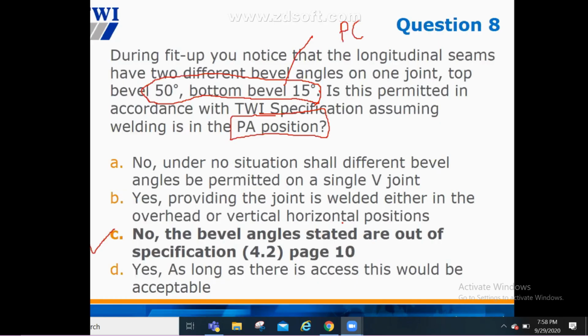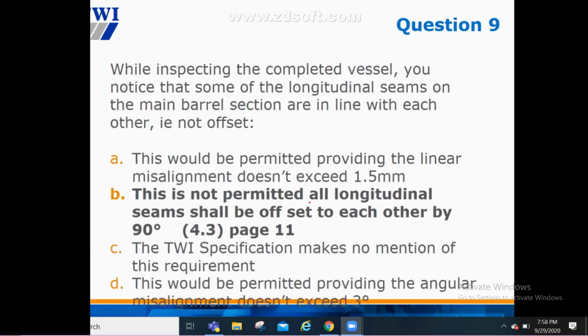Right? 9. While inspecting a completed vessel, you notice some longitudinal seams in the main barrel section in line with each other, which is not offset. So they're talking about we have a pipe. All right, so what happened?